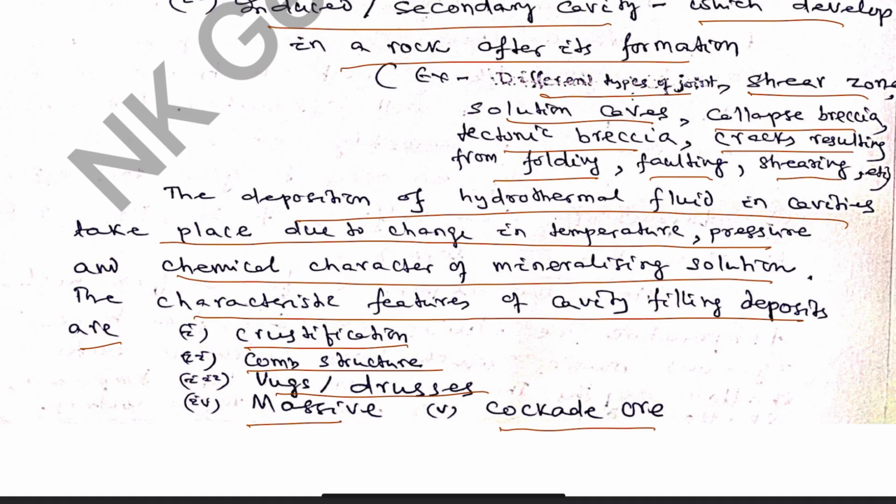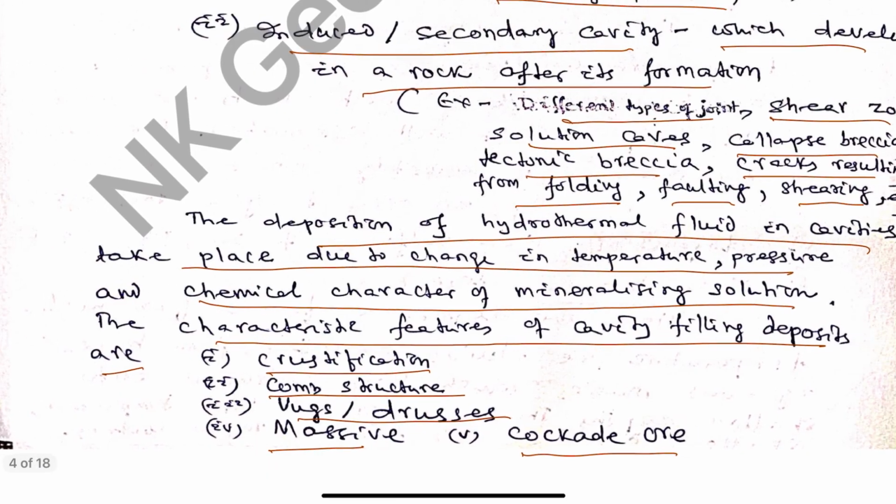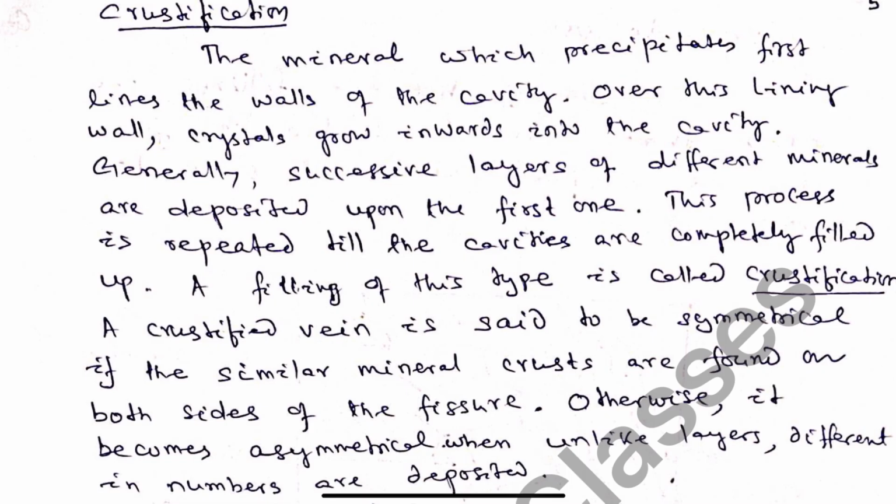So, what is crustification? What is comb structure? Vugs? Let us discuss. Let's discuss what is crustification. The minerals which precipitate fast from hydrothermal fluid in the cavities line the walls of the cavity.